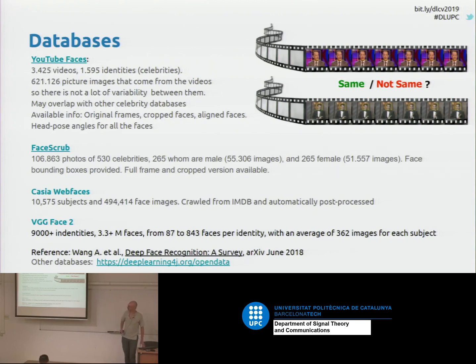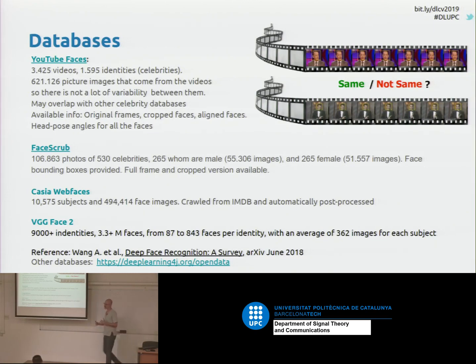The problem with all these databases is that sometimes they are not disjoint, because most of these databases are created from celebrities. And why from celebrities? Because celebrities are easy to mine.